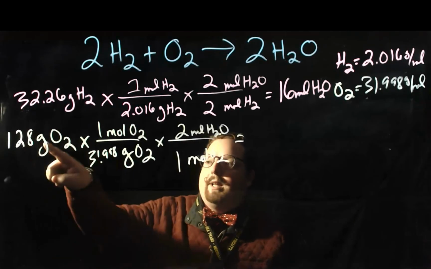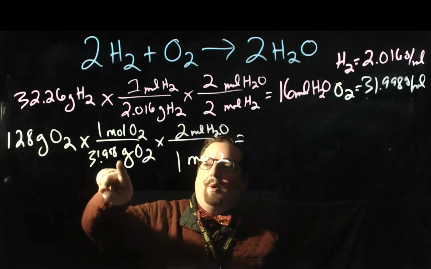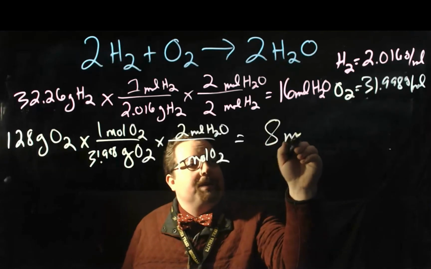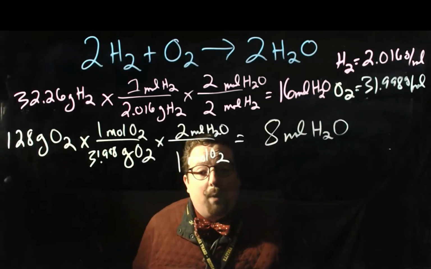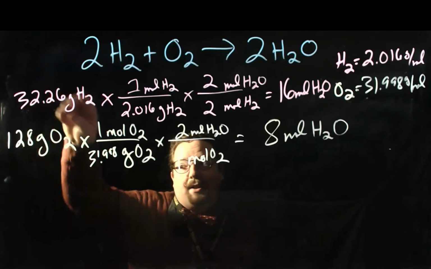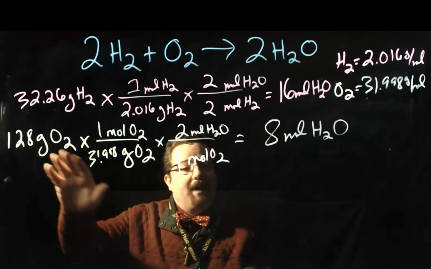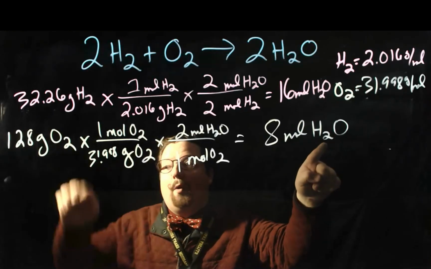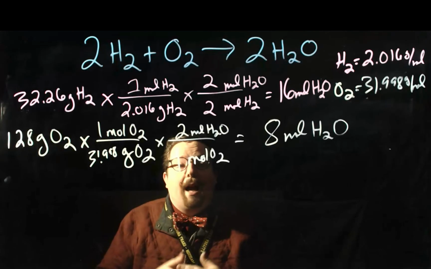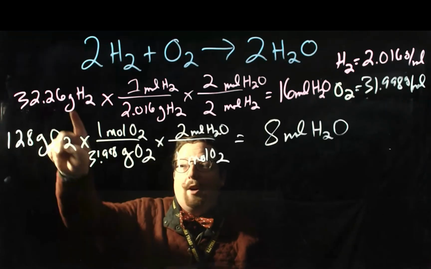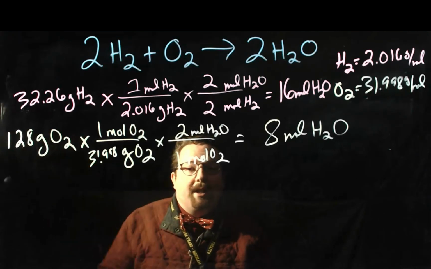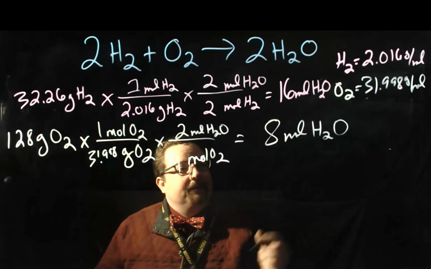So now we take 128 divided by 31.998 times 2. And that gets us 8 moles of H2O. So if we were to do this reaction with these amounts of H2 and O2, once we get to 8 moles of H2O, we've run out of oxygen. We're done. There's not going to be any more reaction happen, even though we have extra H2. That means that oxygen here is our limiting reactant.